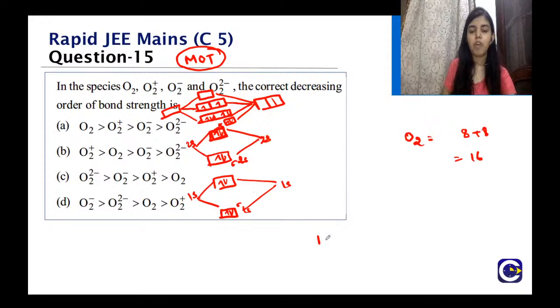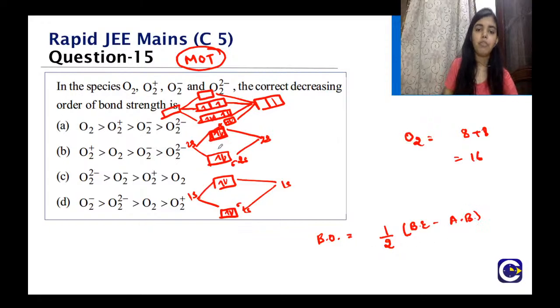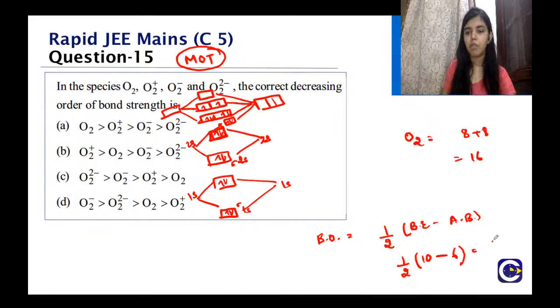The formula for bond order is half into bonding electrons minus the anti-bonding electrons, right? So this is the formula for bond order. Now count the number of bonding electrons: 1, 2, 3, 4, 5, 6, 7, 8, 9, 10. So it will be half into 10 minus the number of anti-bonding: 2, 3, 4, 5, 6. 6. That will be equal to 2.